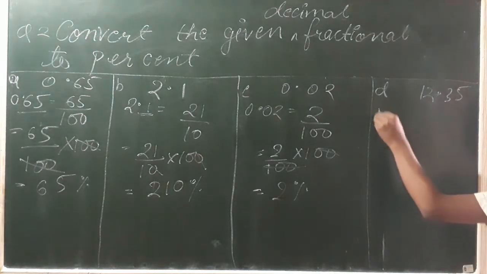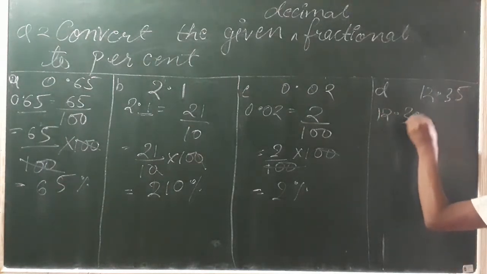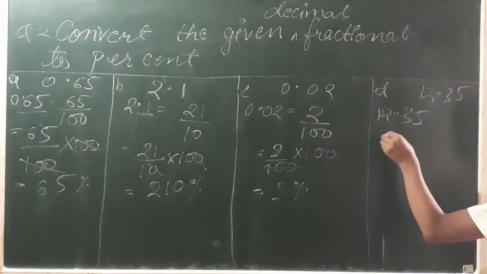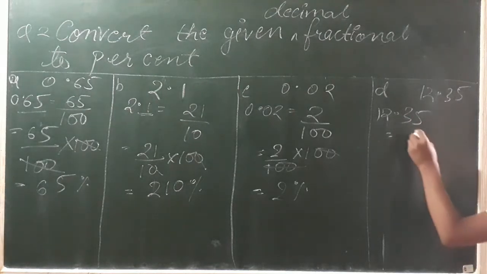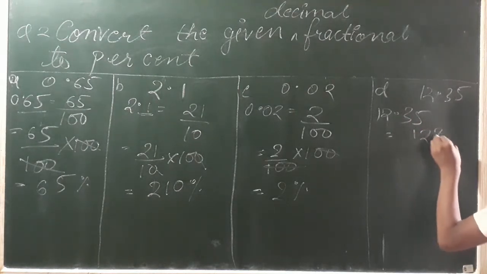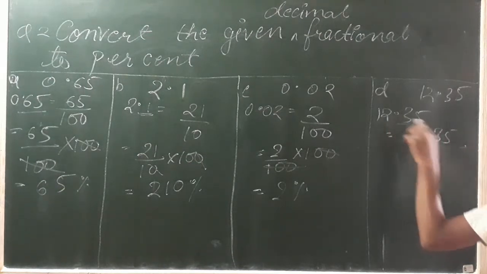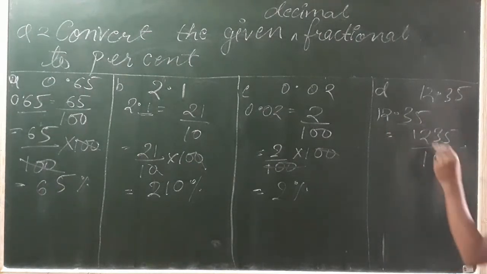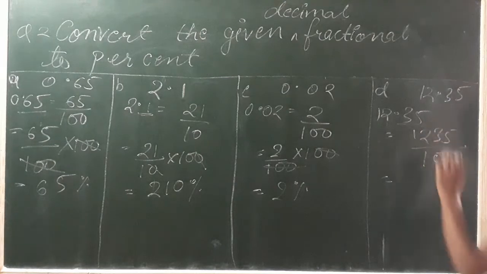And now D number, 12.35. We write the question, 12.35, with two digits after the point. For removing these points we divide by 100, because there are 2 digits.